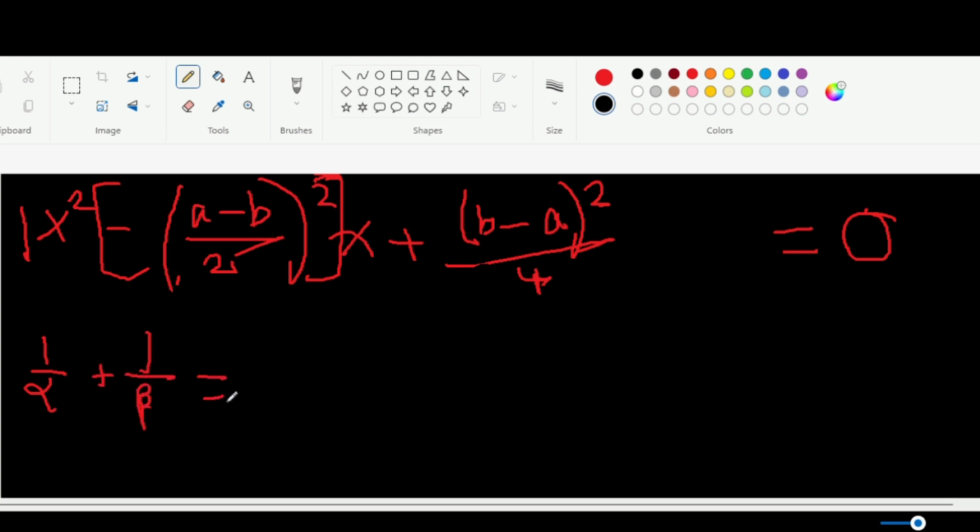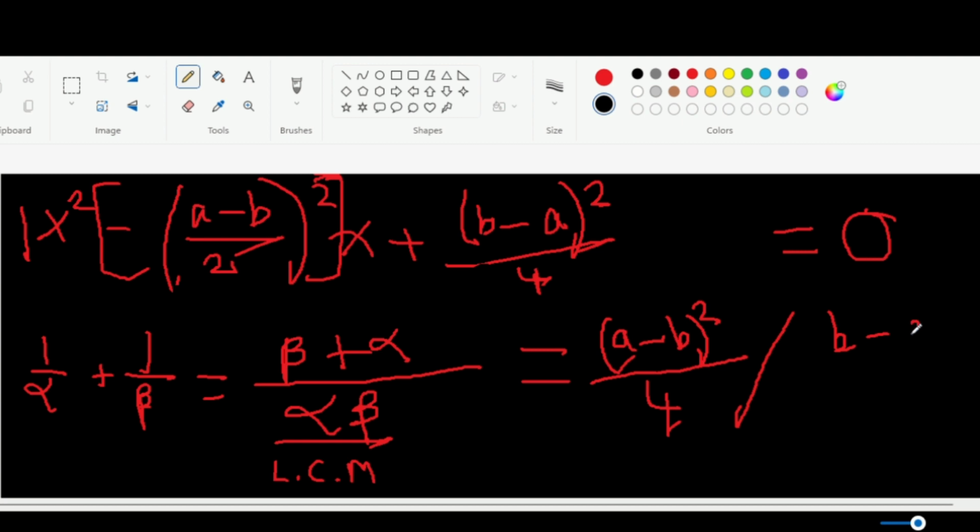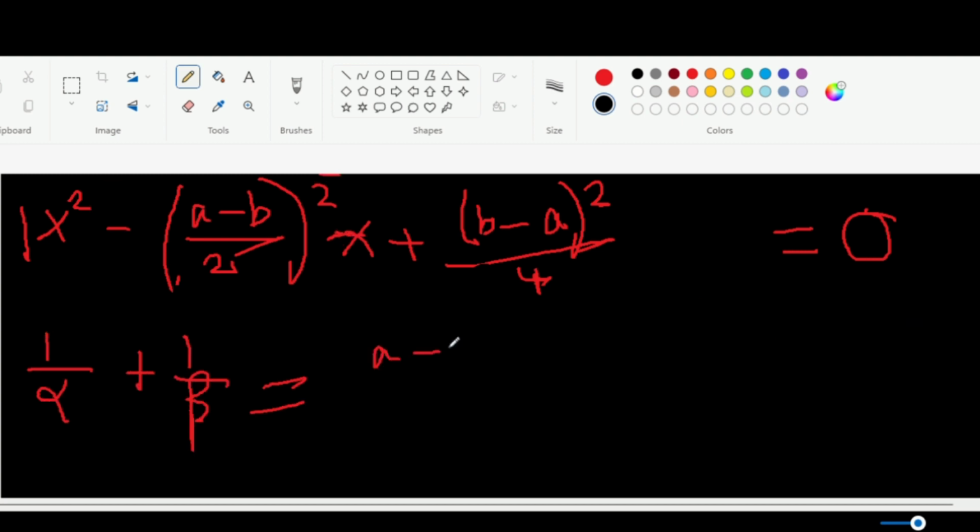The LCM of alpha and beta is alpha beta. So the denominator becomes alpha beta and the numerator will become alpha plus beta. Now substitute the values of alpha plus beta and alpha beta. Division becomes multiplication by multiplying the numerator's fraction with the inverse of the denominator's fraction.